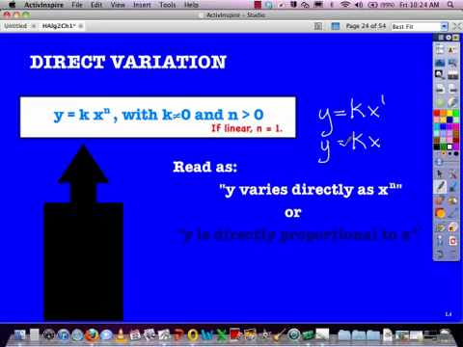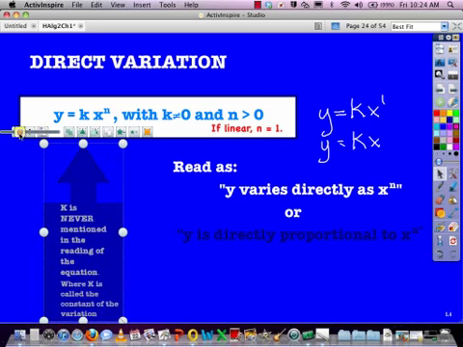You'll notice that when you read this, we're not saying anything about the k value. The k is never mentioned in the reading of the equation, but k is called the constant of the variation. This is only one of many types of variations.